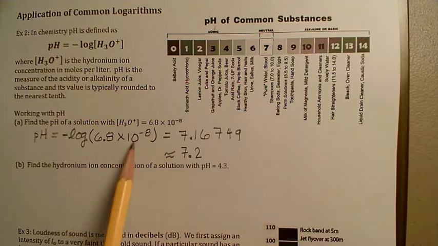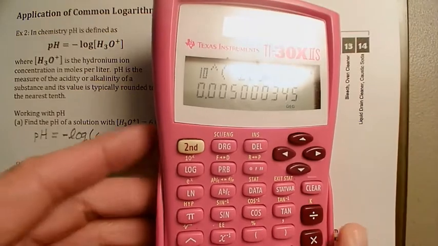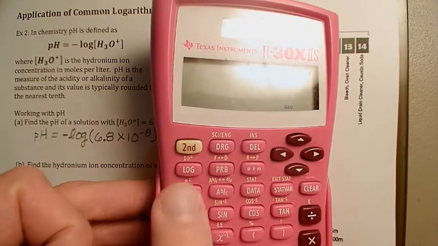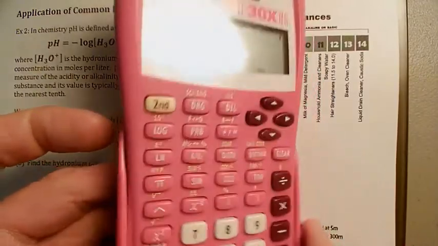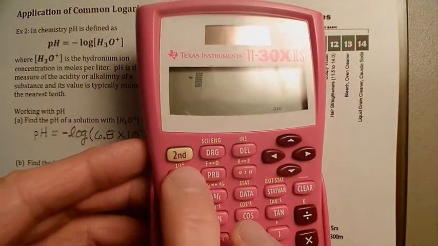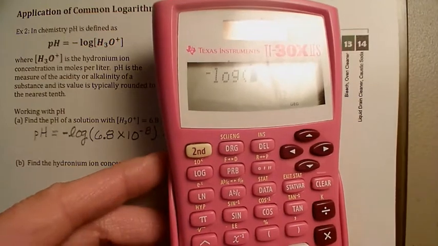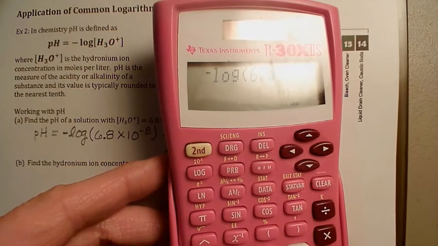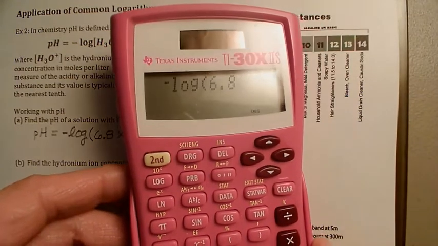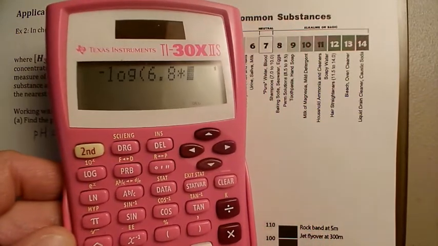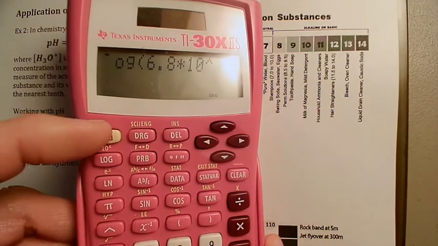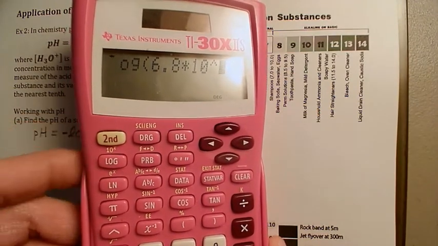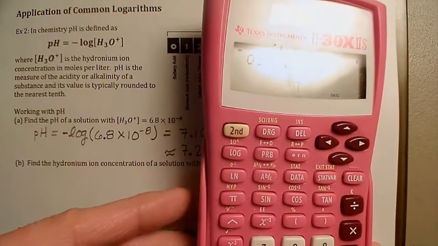And again, you're just typing that right into your calculator. Let's just make sure everyone's comfortable with how to do that. So we're going to clear it again, and we're going to do logarithm. Well, actually, let's hit the negative first. So negative, and then logarithm. And then we do 6.8 times, and then we want to do 10 raised to the, you could hit the second inverse function of the log, negative 8.